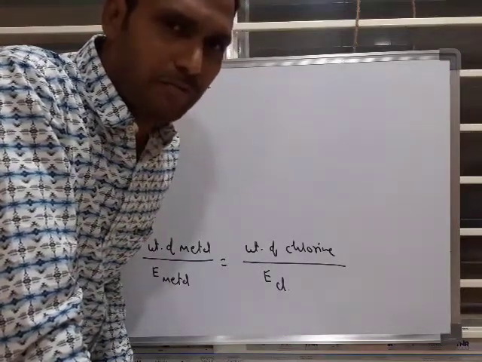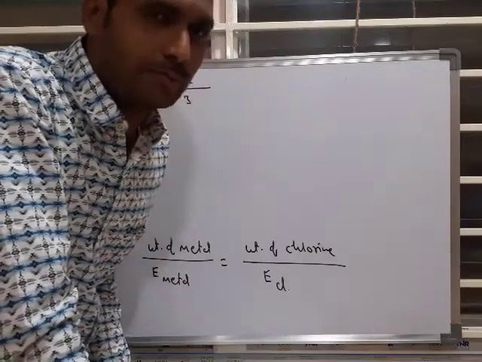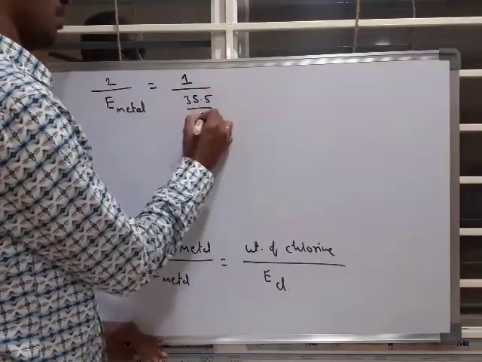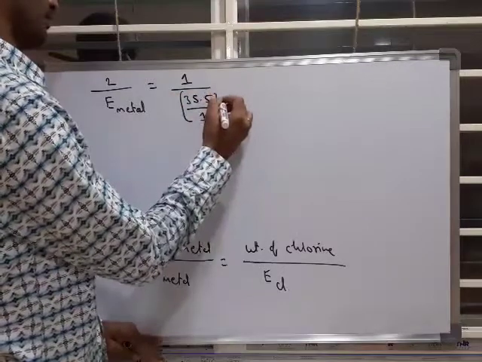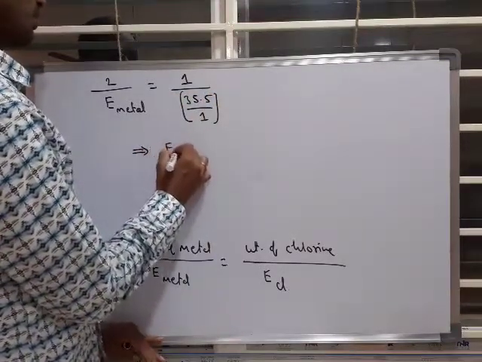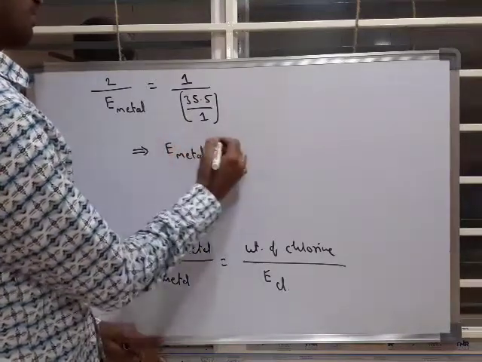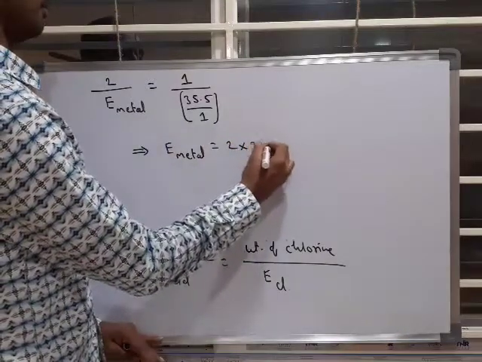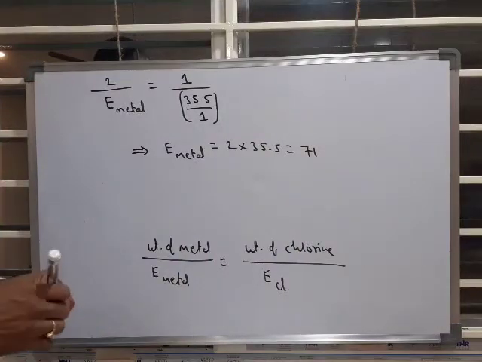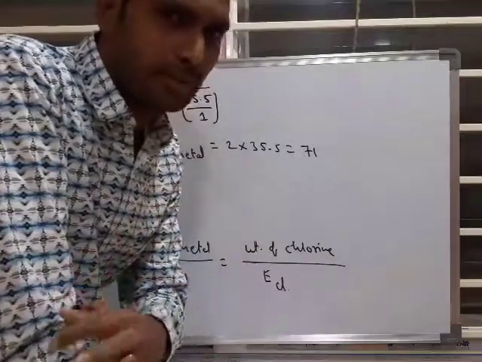Atomic weight is 35.5, and valency is 1, since it gains 1 electron. So by 1. So the equivalent weight of metal is equal to 71 grams. Okay. So you have to try the third method.